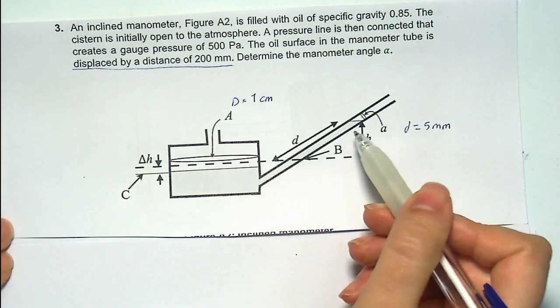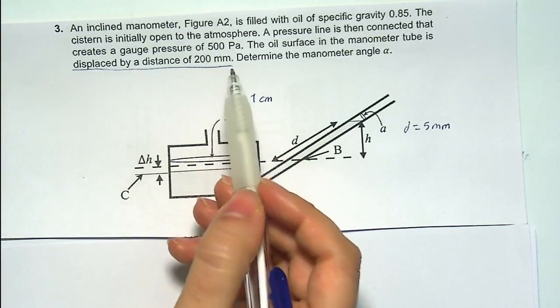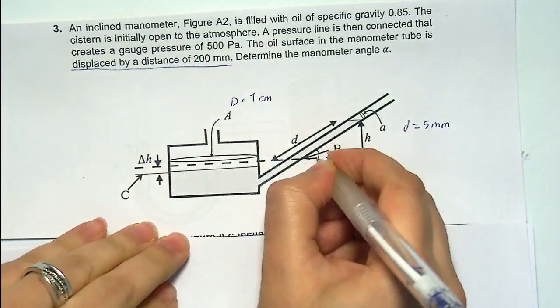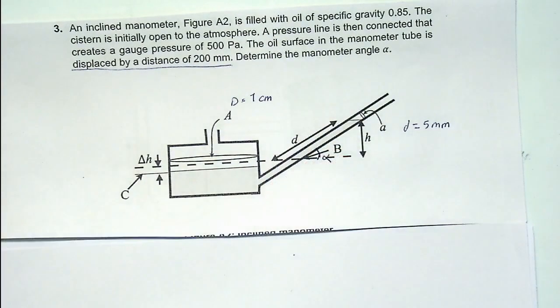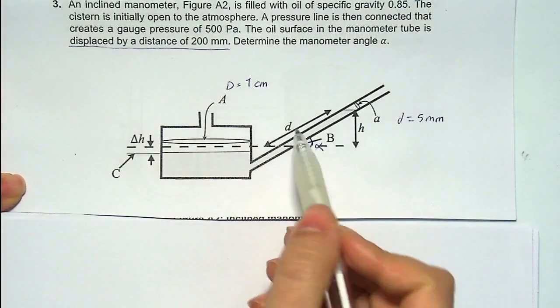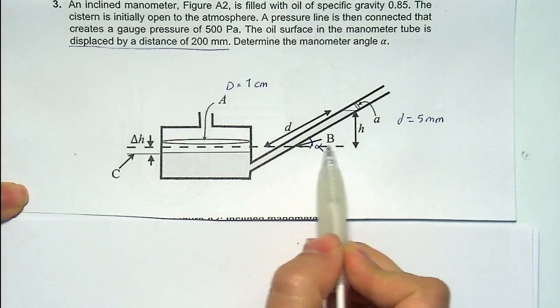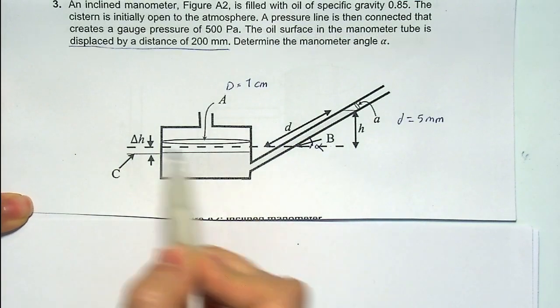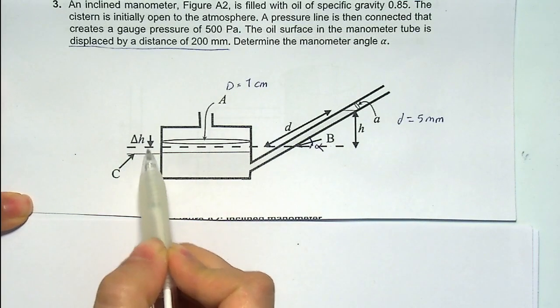This increase is equal to 200 millimeters, and the unknown is the manometer angle, which is here. This is alpha. Make sure that you note that this line is B and the lower line is C, and the difference between point B and point C is delta h.